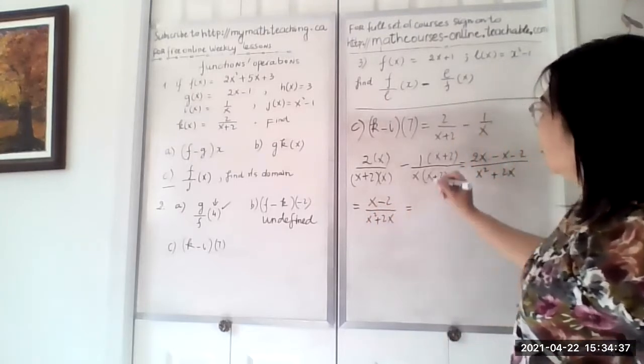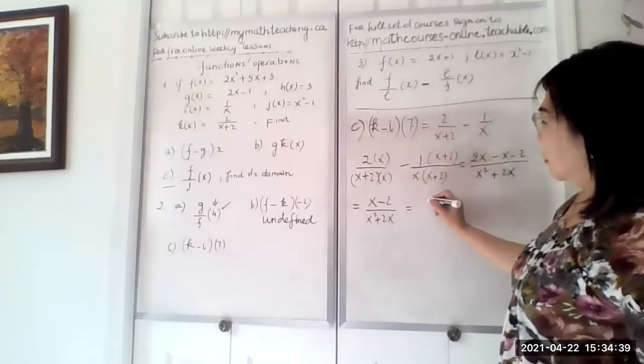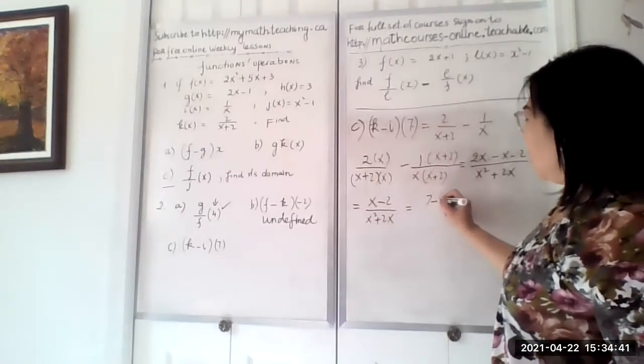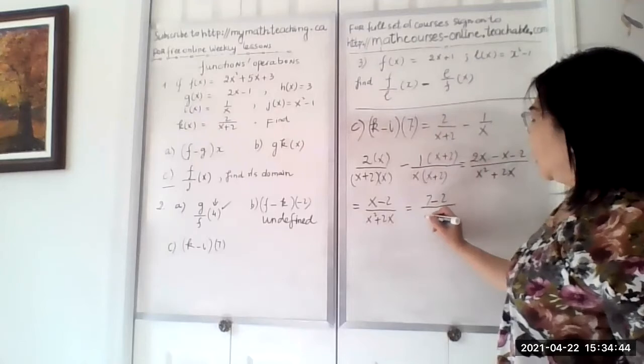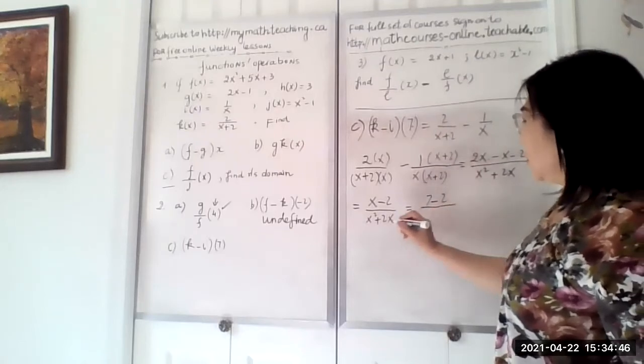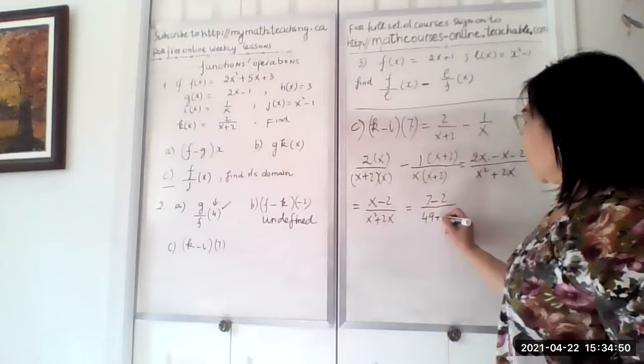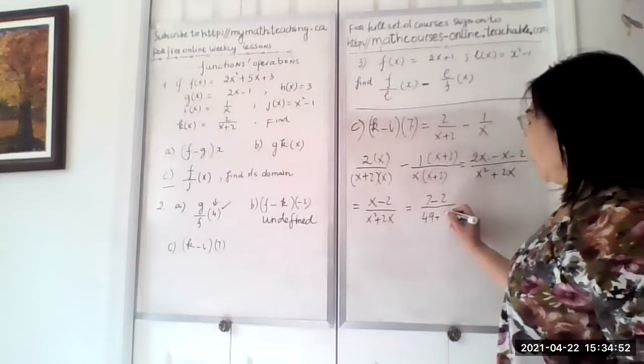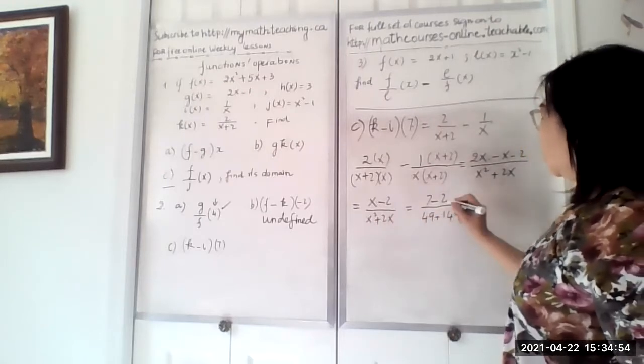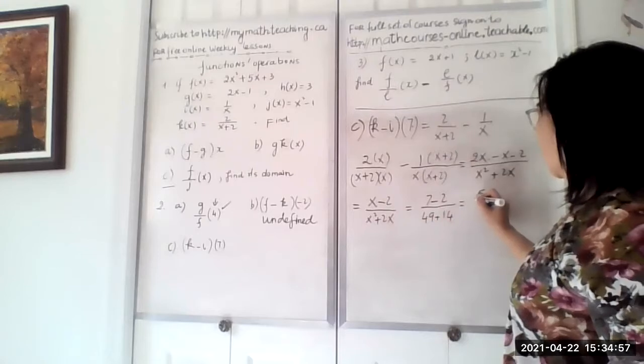Now substitute the x by 7 to evaluate. We have 7 minus 2 on top. And down here we have 7 squared is 49 plus 2 times 7. 2 times 7 is 14. So 7 minus 2 is 5.